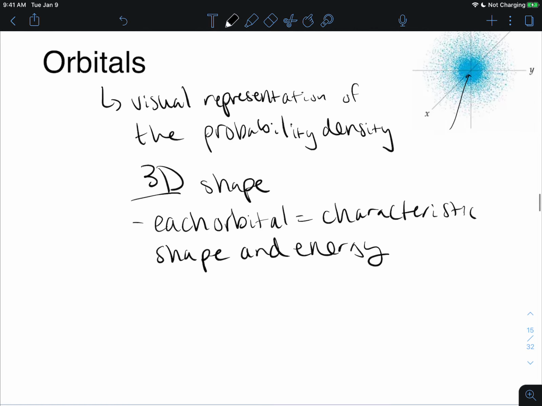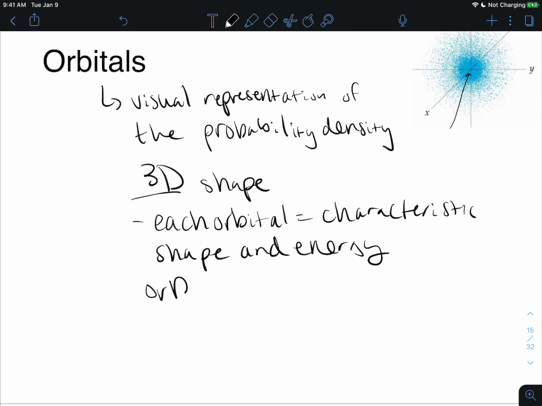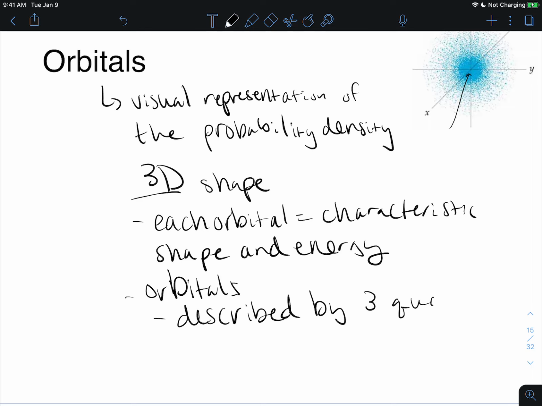Okay. So our orbitals themselves are going to be described by three quantum numbers, which will give information about the energy, the shape, and the orientation of those orbitals.